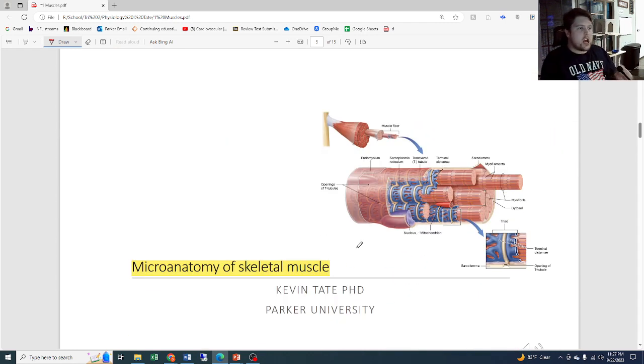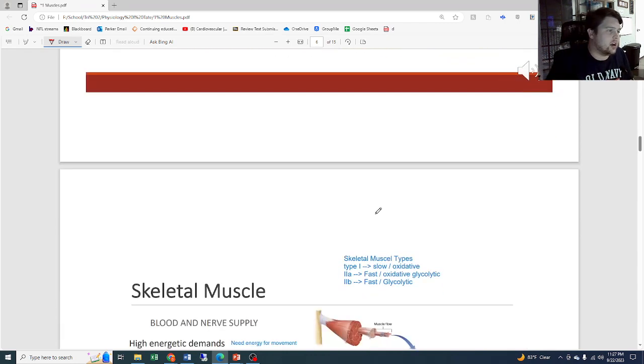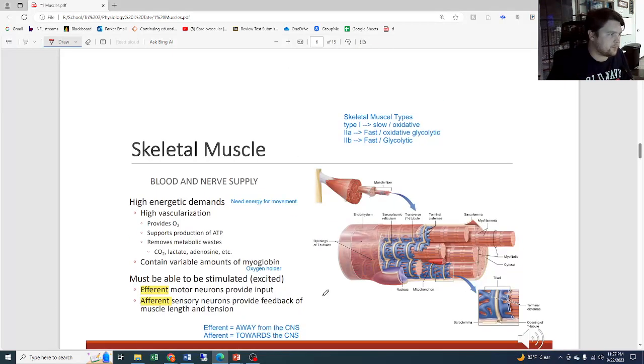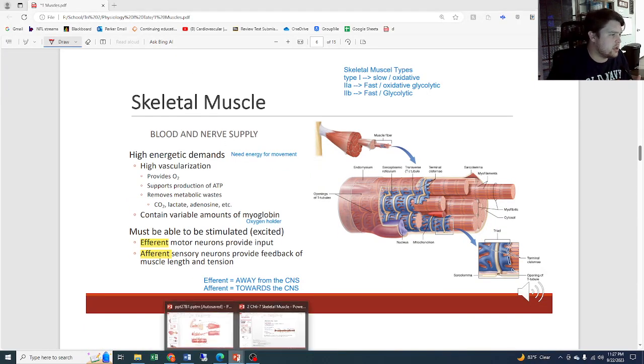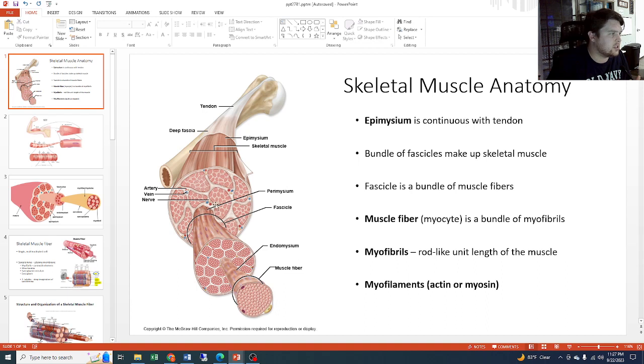Okay, so we looked at the overall big picture anatomy of skeletal muscle. We're going to look a little bit into the micro anatomy of skeletal muscle. With skeletal muscle, we have blood and nerve supply. We saw in those pictures earlier, you have arteries and veins and nerves running through the different musculature.